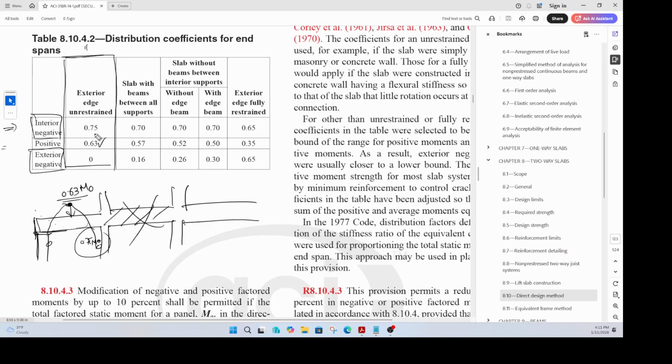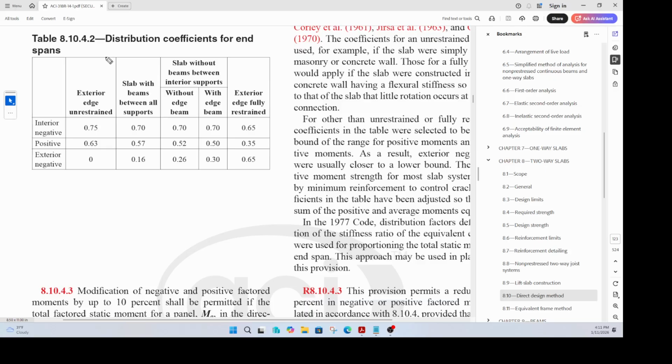Now again, this only covers this particular column here. There's no picture in the code, but that's how it has to be interpreted. The most important thing is that your exterior span is just resting unrestrained on a column there. That is when this particular column applies.